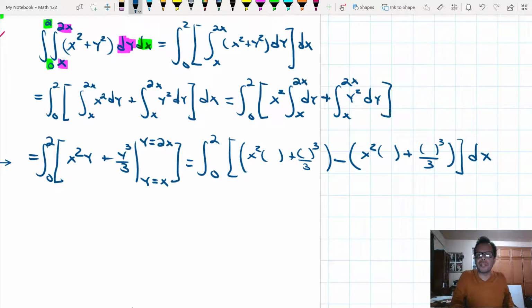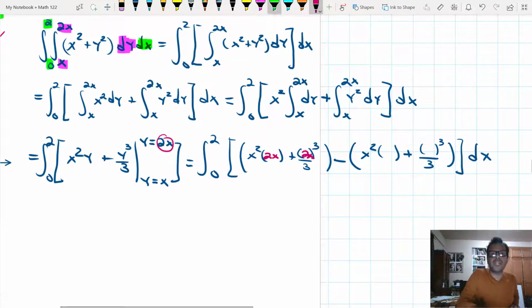I forgot a dx also. Let's plug in the upper limit, which is 2x, and the lower limit, which is x.